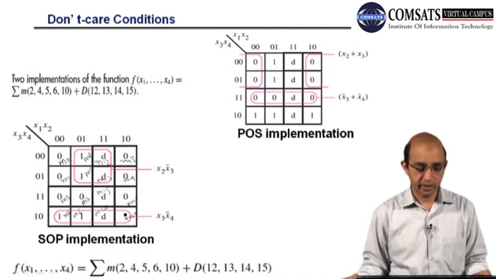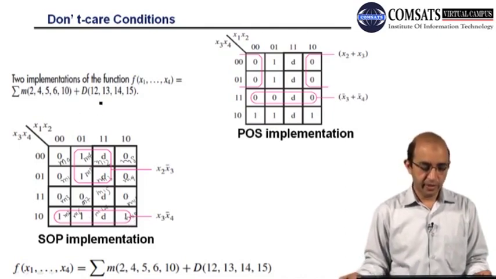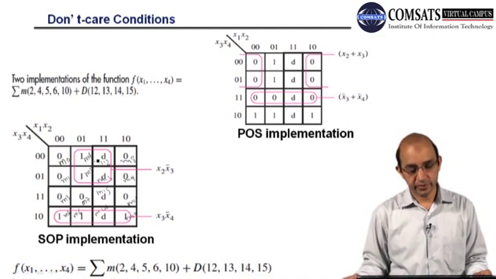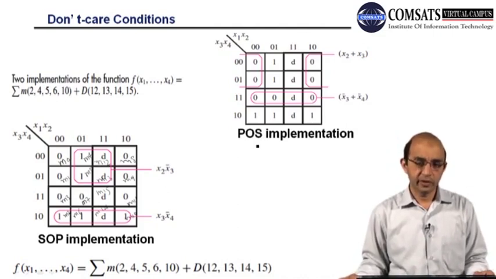And when we are mapping those don't care conditions, you can see d for m12, m13, m14 here, so we have don't care conditions over here. So this is another representation, but we will be following the representation used in our textbook, though you should at least know that we can also have this sort of representation.